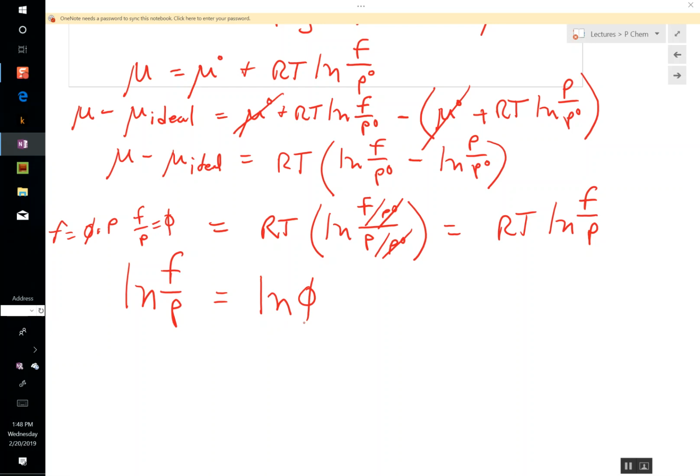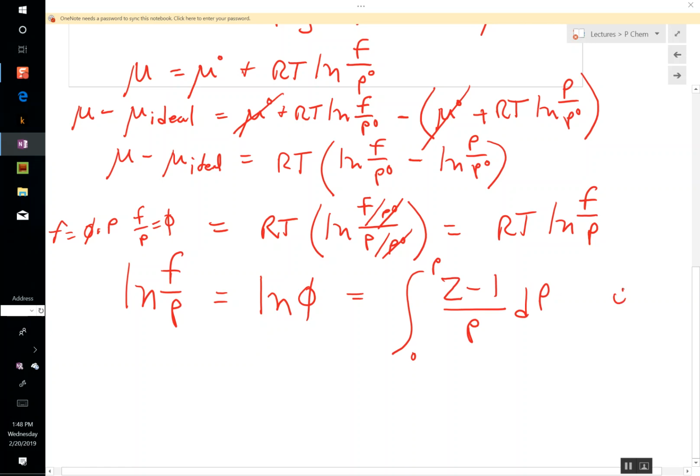So the natural log of that is going to equal, and I'm not going to go into all this derivation, but it gets down to, this is how you get to this point. And this is equation 4.61.